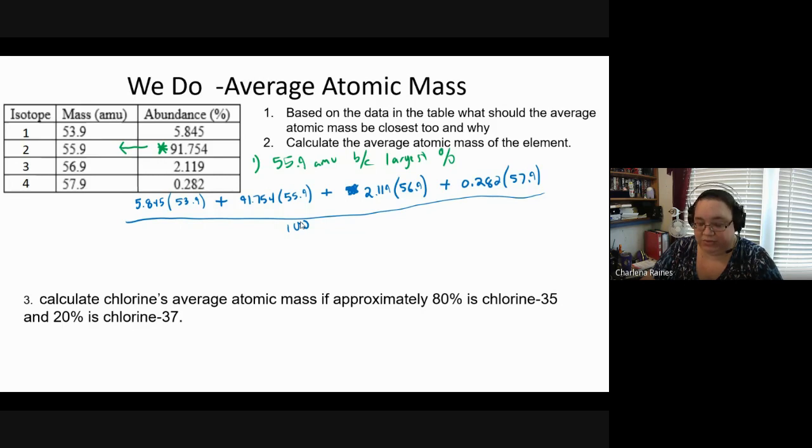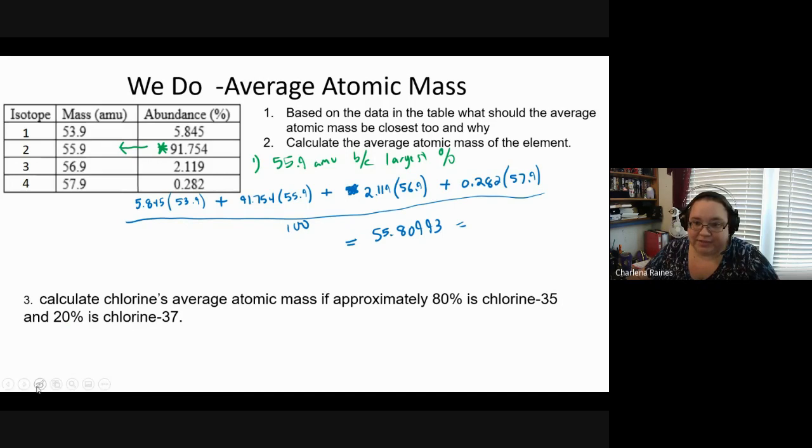Don't forget to divide by that 100, since we're not changing any of the numbers. And my handy dandy calculator gives me 55.80993.